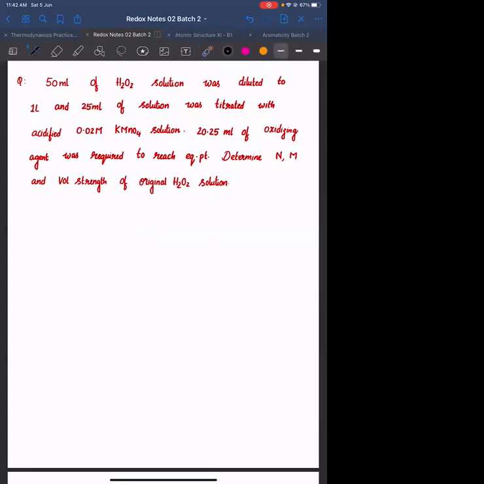Okay. So if I'm taking the molarity of that 50 ml H2O2 solution as some M1 molar, after dilution what will be its concentration? इसका M1 मान लेते हैं.